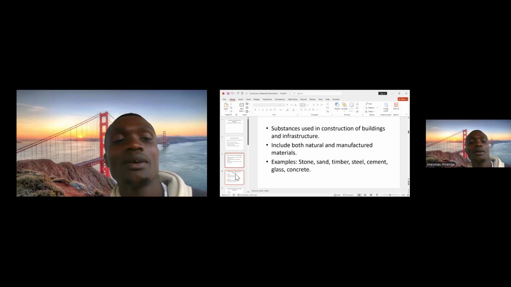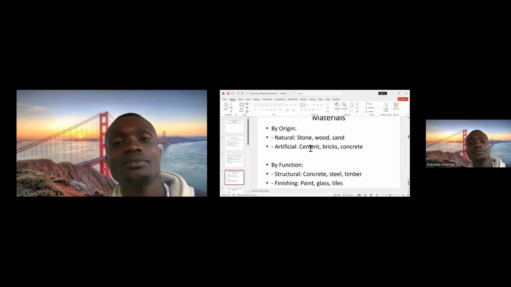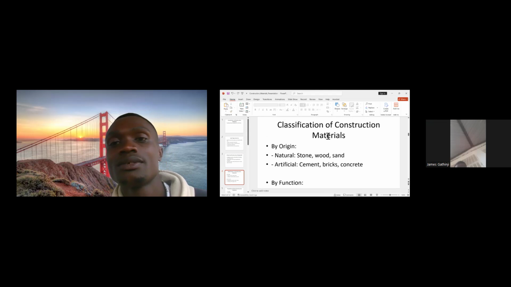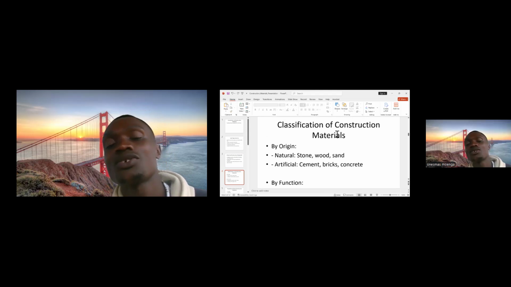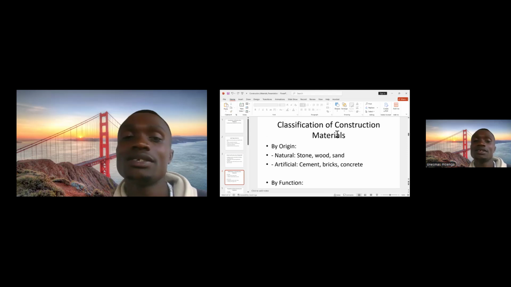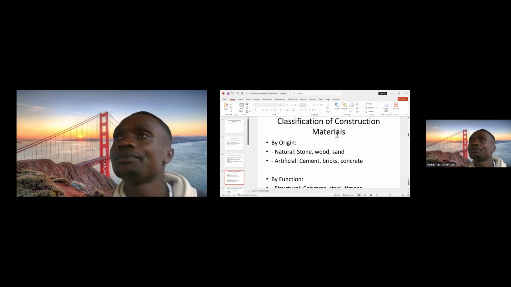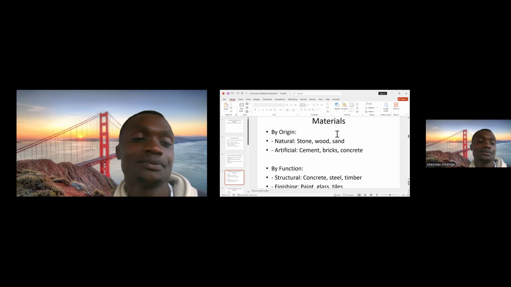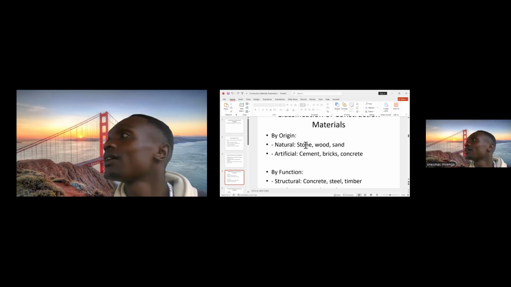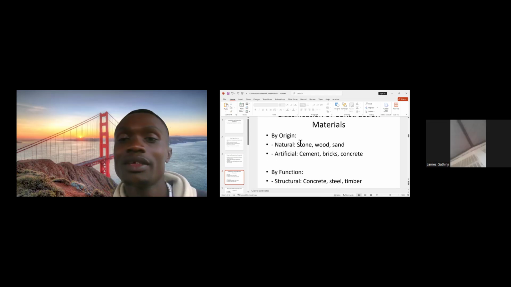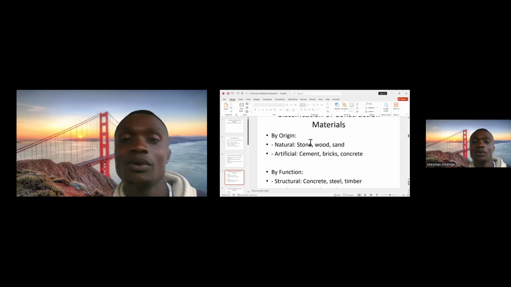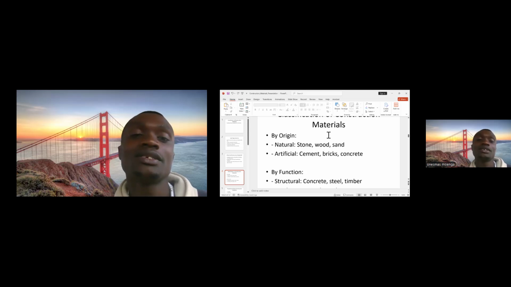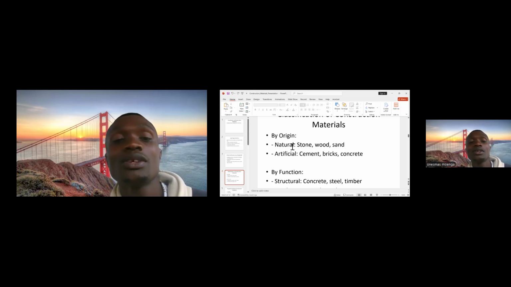So let's move to our next learning outcome, which is classification of construction materials. We're going to classify these materials by origin and by function. Number 1, by origin, we have the natural and the artificial.